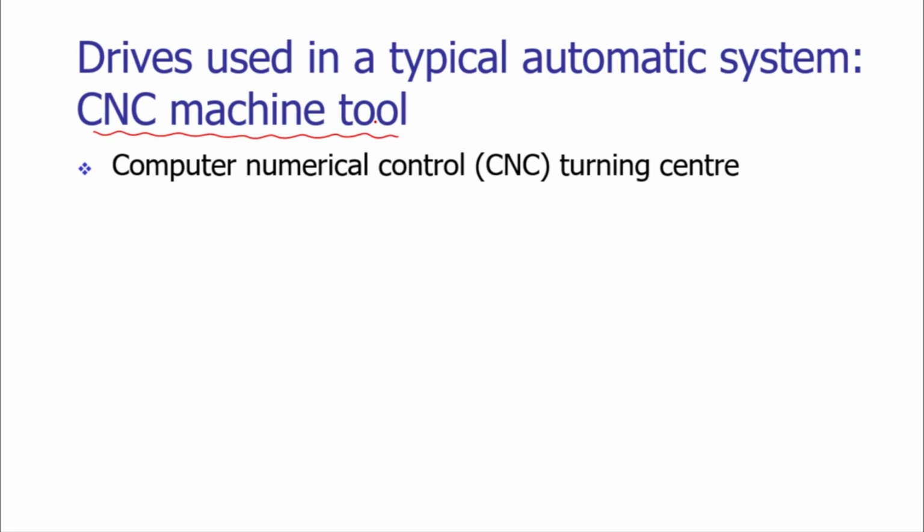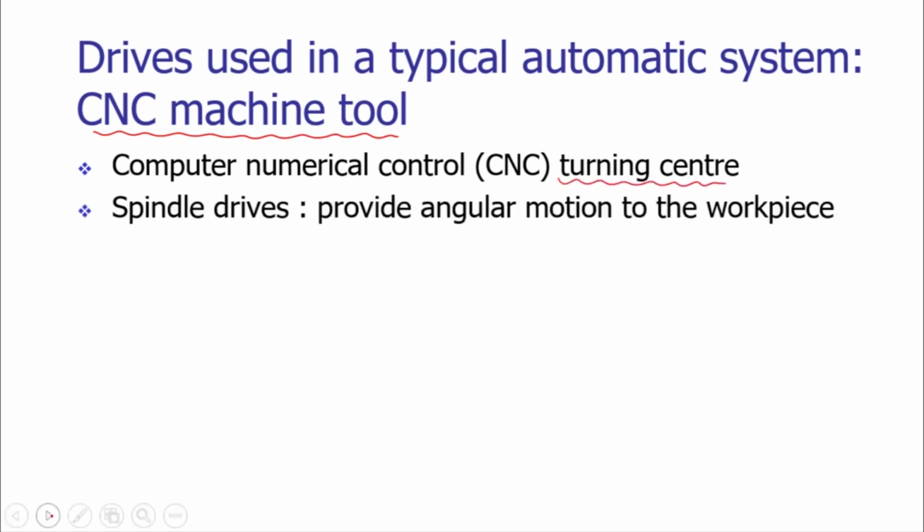To understand the utilization of drives, let us take a CNC turning center. The turning center produces axisymmetric components. To produce axisymmetric components, we should provide angular motion to the workpiece in relation to the tool motion.